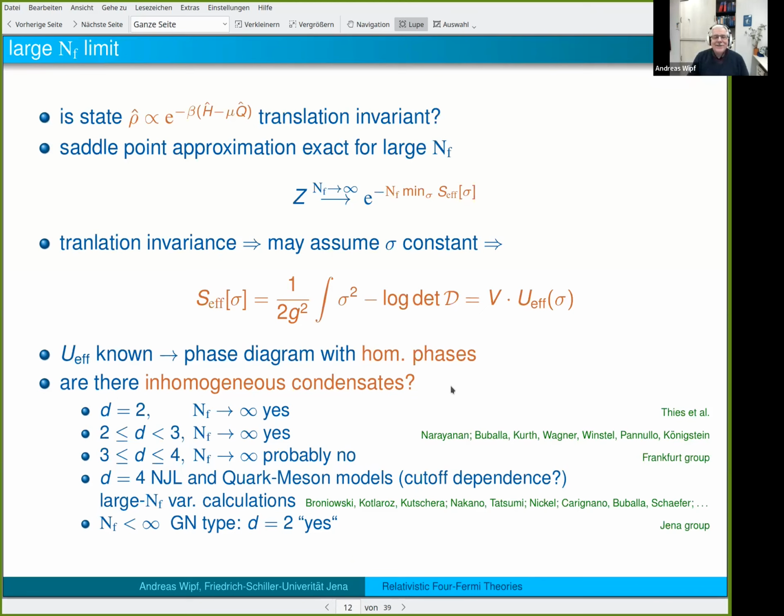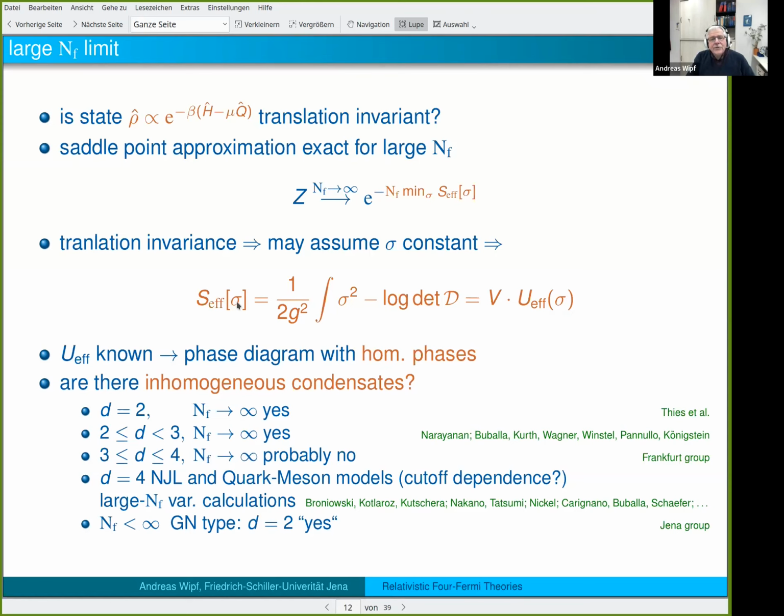But the story is actually quite interesting, what happened then. It has been realized that for the Gross-Neveu model in 2 dimensions, in this limit where one really could analytically tackle the problem, people could show that there is an inhomogeneous phase. So mathematically, what it means is, if you minimize this effective action, the minimizing sigma is not constant, but it is space dependent.